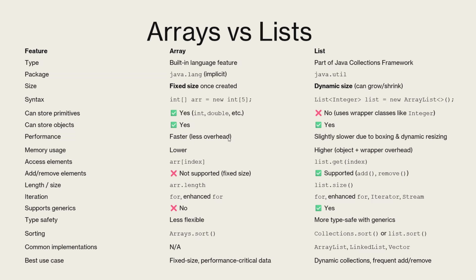As far as performance goes, arrays are a little faster because they don't really have methods and they don't have to deal with things like boxing and resizing. So that may make the performance a little faster for arrays. And of course, arrays also have lower memory requirements than lists because of the object and wrapper overhead.